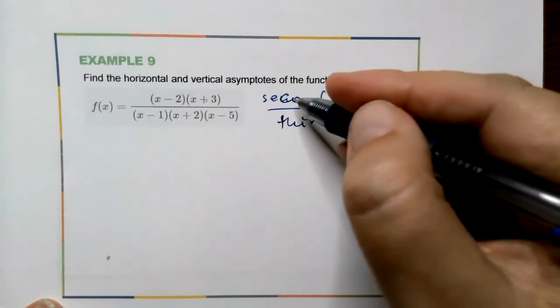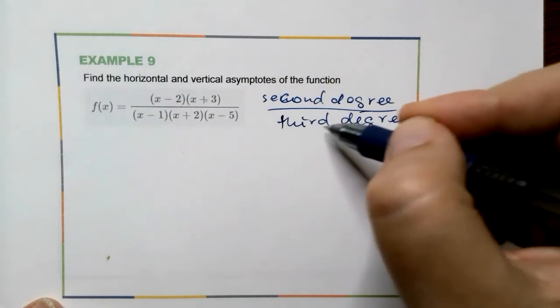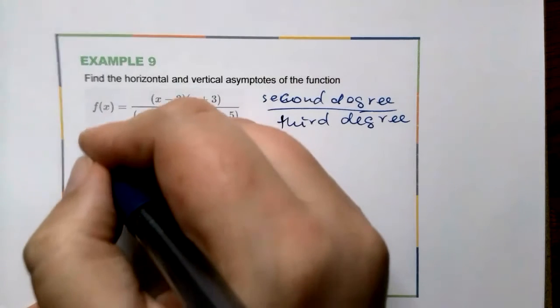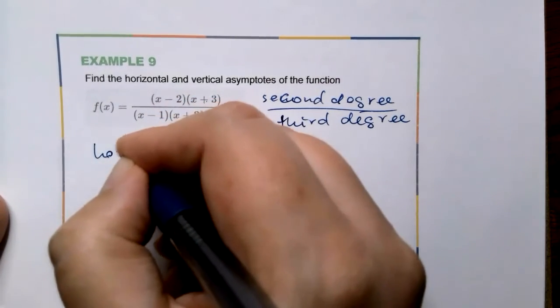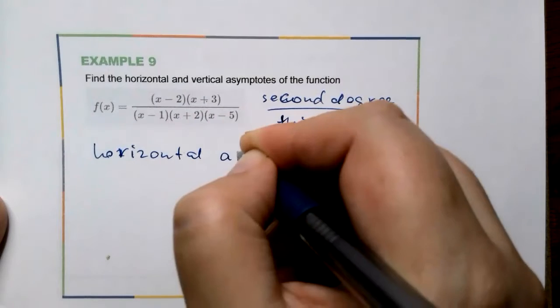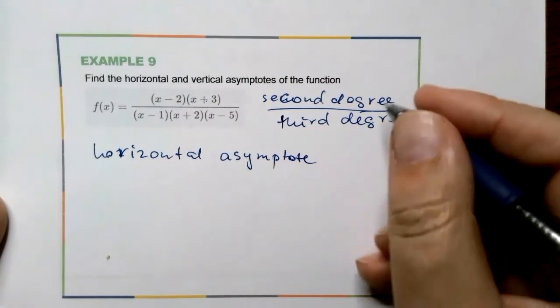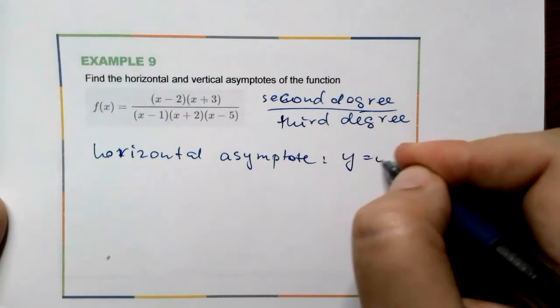So when the power of the numerator is less than the power of the denominator, the horizontal asymptote is y equals 0.